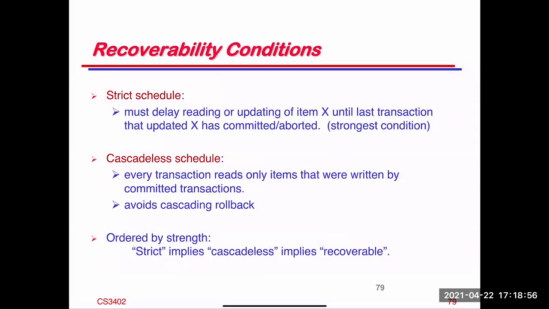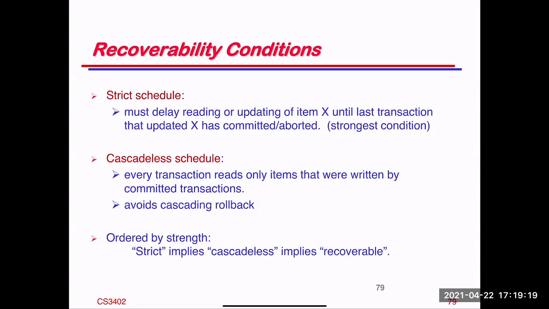Then we looked at some recoverability conditions of different strengths, where just being recoverable is the weakest version. The next stronger one is cascadeless. This has the additional restriction that every transaction reads only items that were written by already committed transactions.